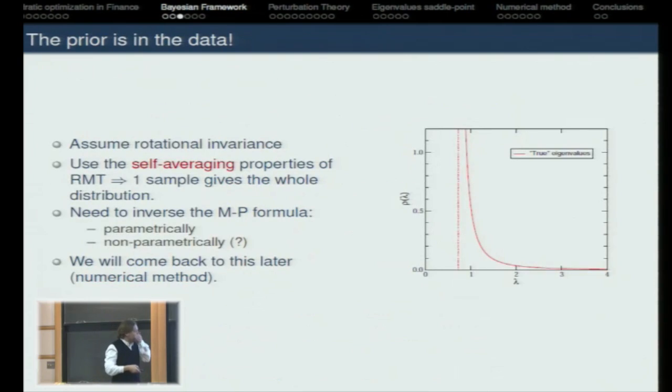So what kind of prior should we use? Well, as I said, the prior is actually in the data. What I said earlier, when I showed that you can fit the data pretty well with a power law, was implicitly assuming rotational invariance. So I take a distribution of eigenvalues, maybe with some parameters, and I can fit the parameters using Marcenko-Pastur on the real data.